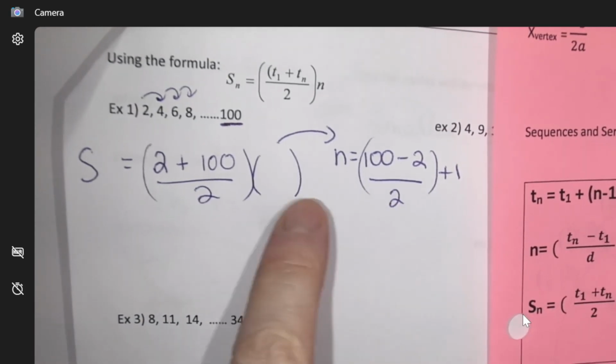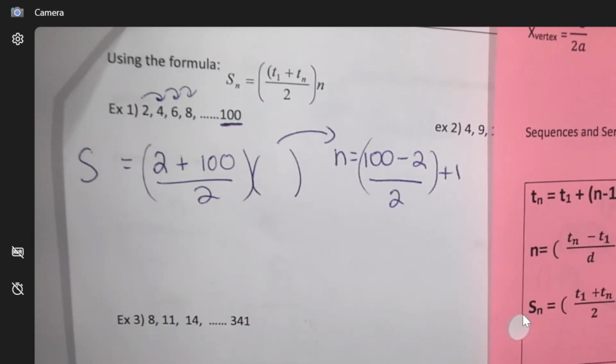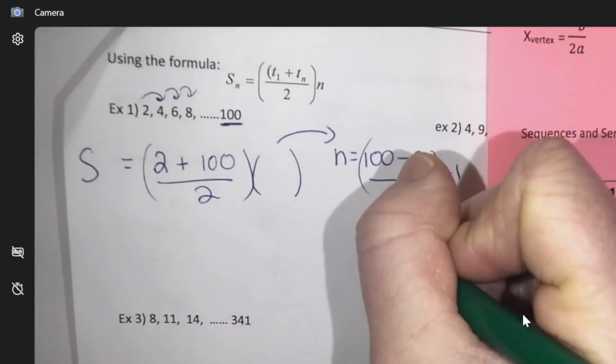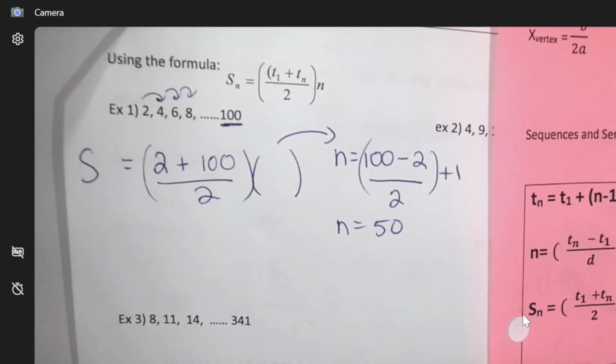Okay, so how many numbers are in this pattern? What's the position that we went up to? Did you get 50?